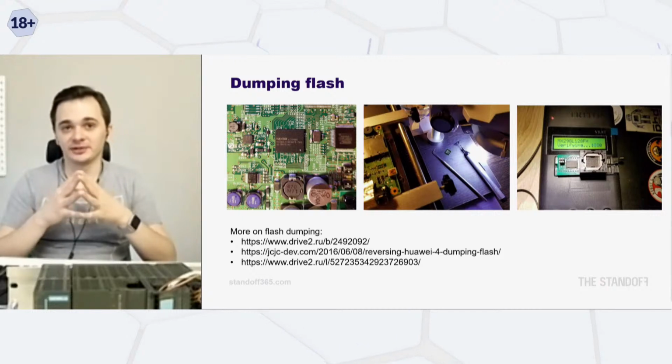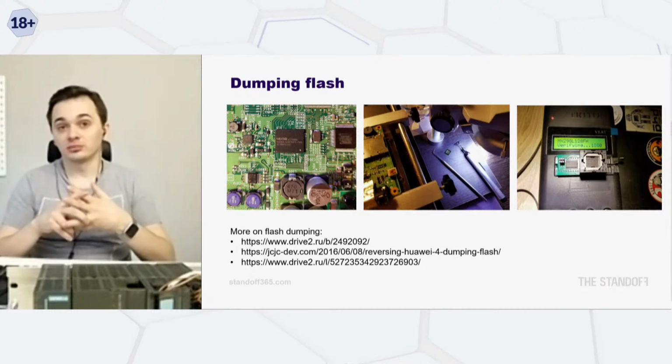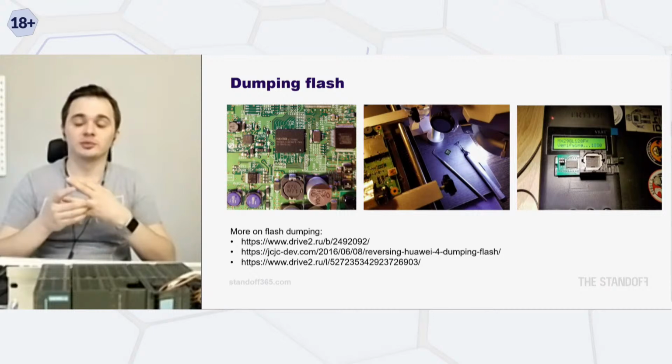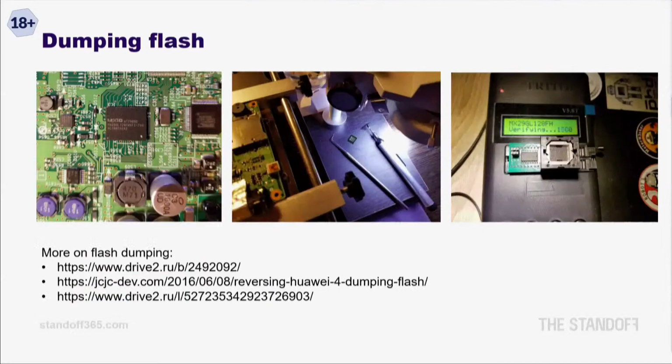Another possibility, which will require some manual work as well, but is probably less hard than the one that I have just shown you, is dumping flash, getting firmware from the flash.